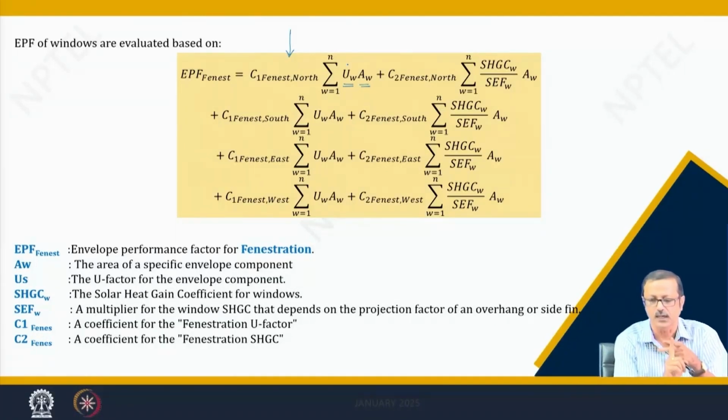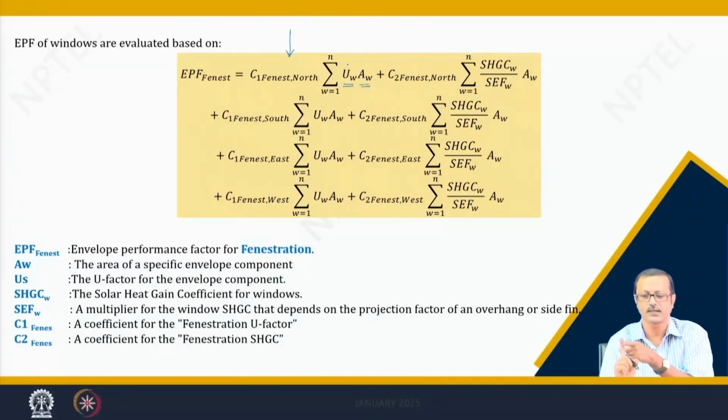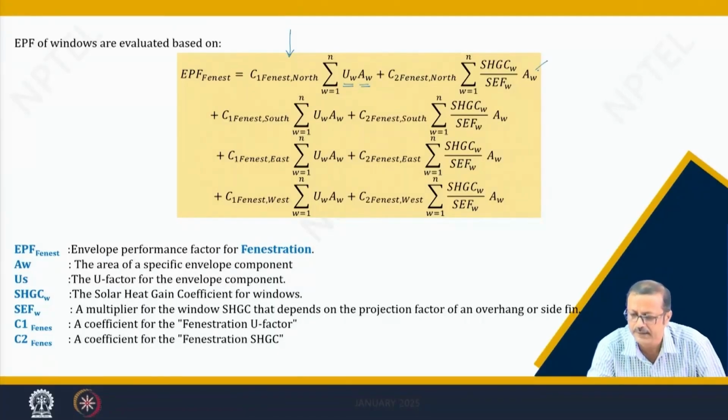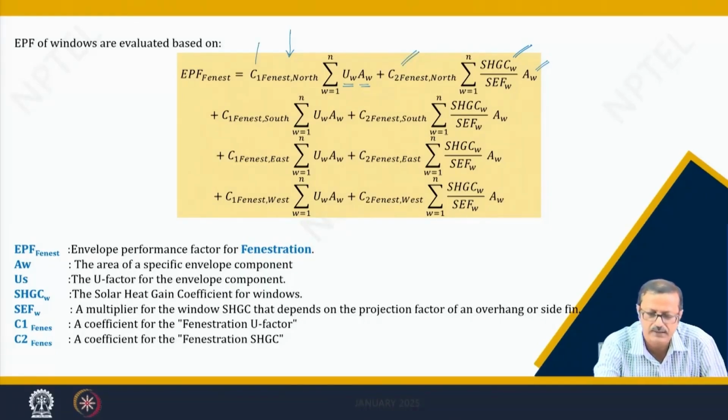So, U of the window multiplied by the A of the window and the corresponding C factor, and the area of the window and the SHGC of the window and the corresponding C2 factor. C1 factor is for the U values and C2 factor is for the SHGC, right.